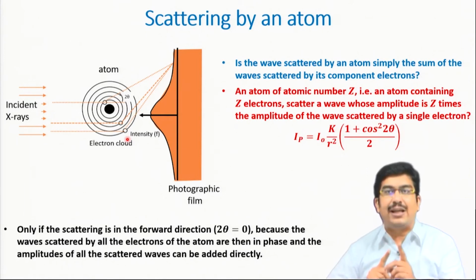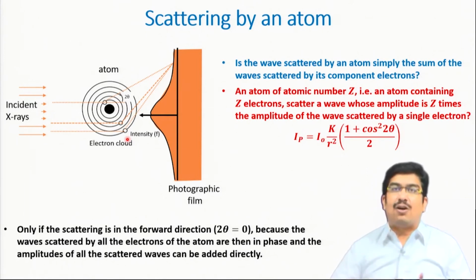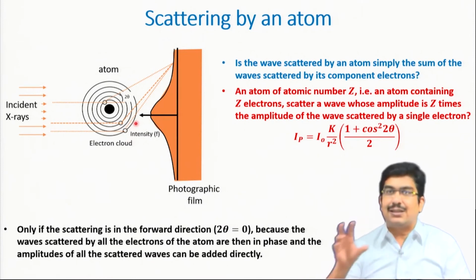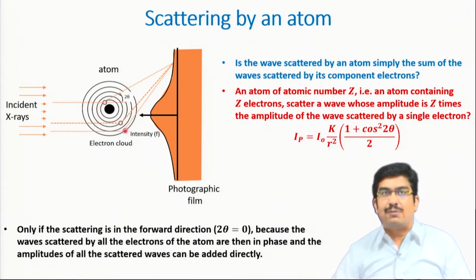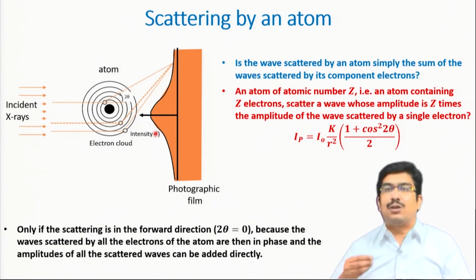Only in the forward direction can we simply sum up their amplitudes, because in the forward direction all of these electrons will have the same phase. So the wave coming out of this electron, this electron, and this electron will all have intensity simply expressed in terms of their amplitude.